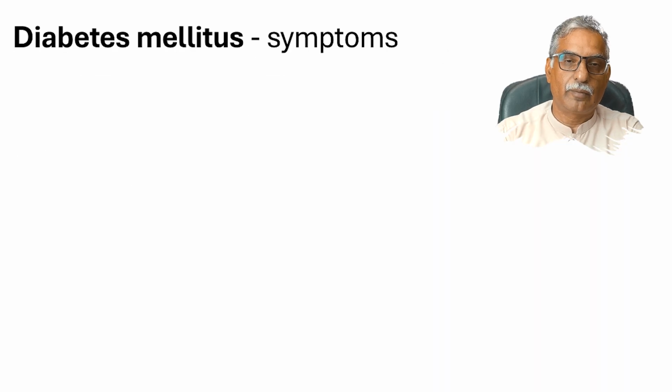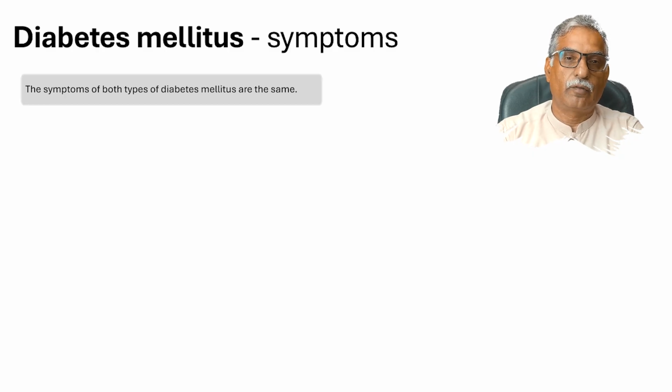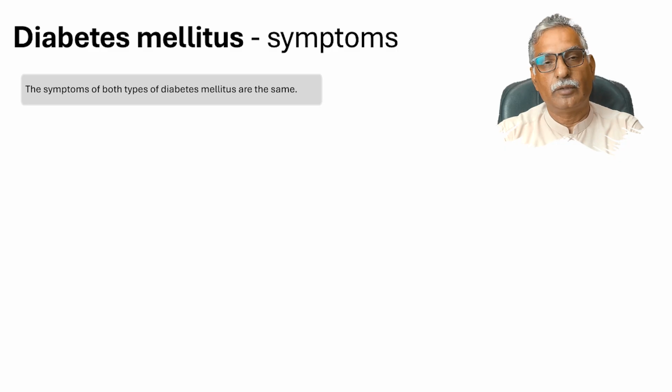There are certain symptoms that appear in patients who suffer from diabetes mellitus, and the symptoms are almost the same whether one is suffering from type 1 diabetes or type 2 diabetes.